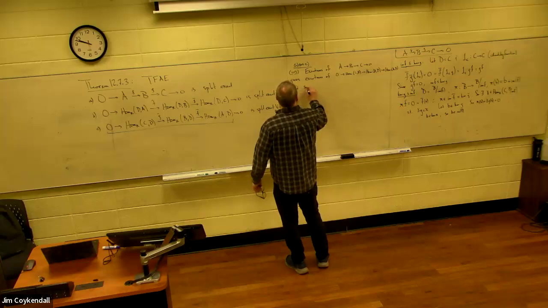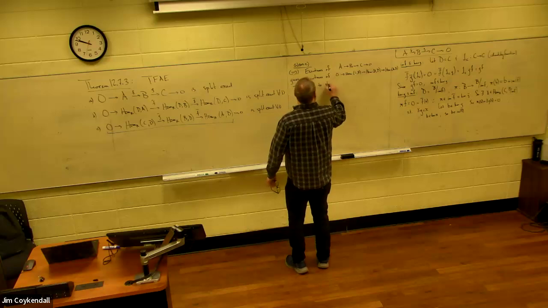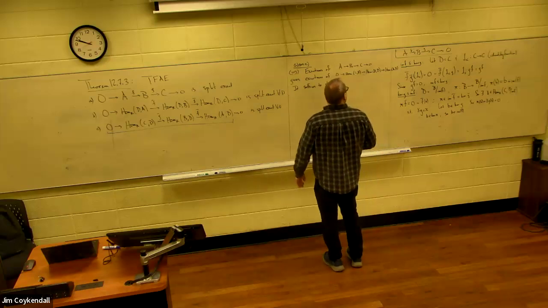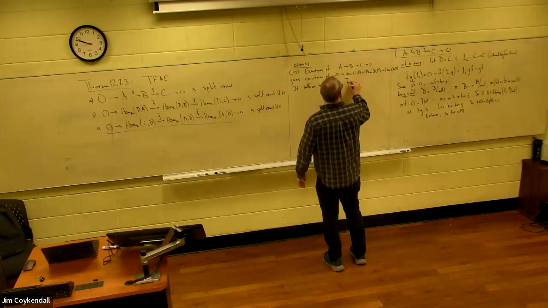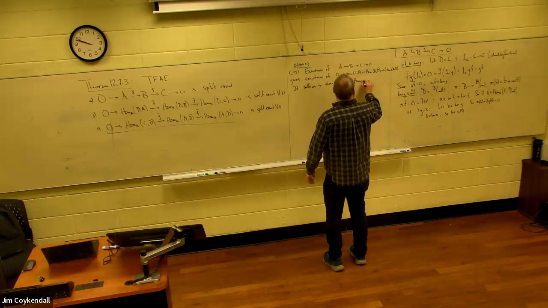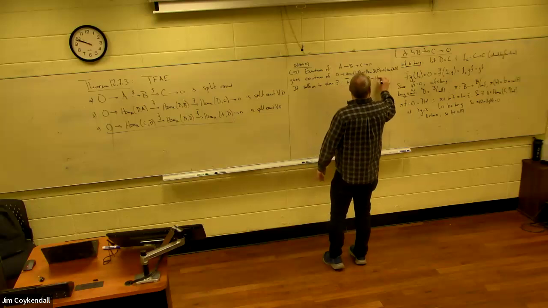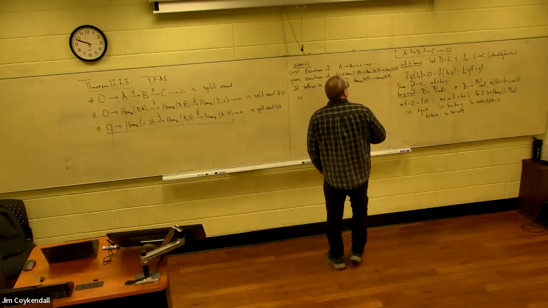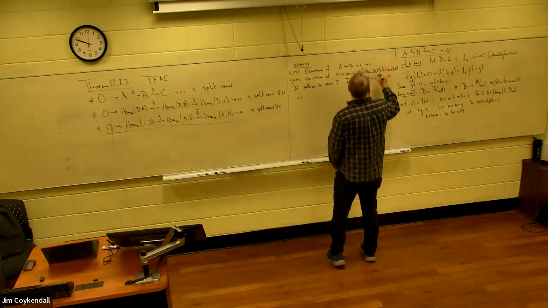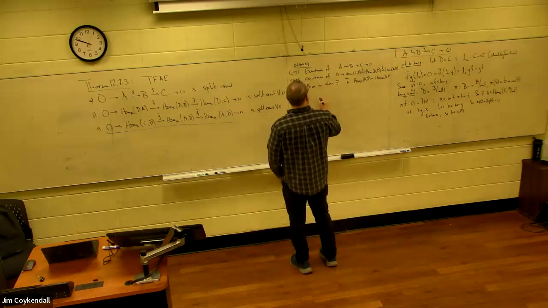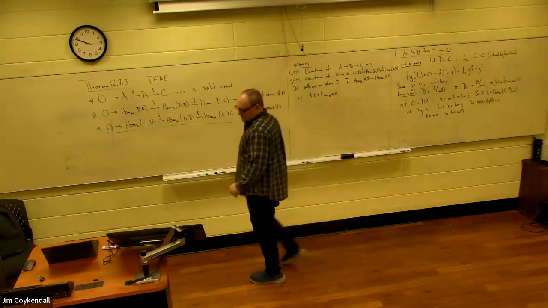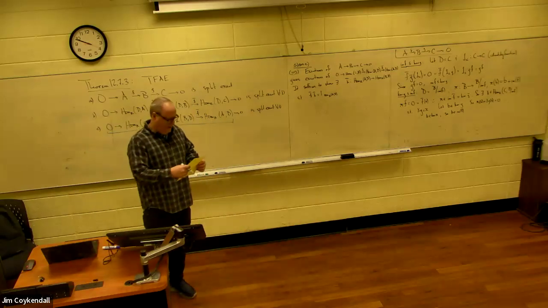It suffices to show there exists some K bar from Hom AD to Hom BD such that when I do K bar and then F bar, this is the identity on Hom AD. That's really all I gotta show there.